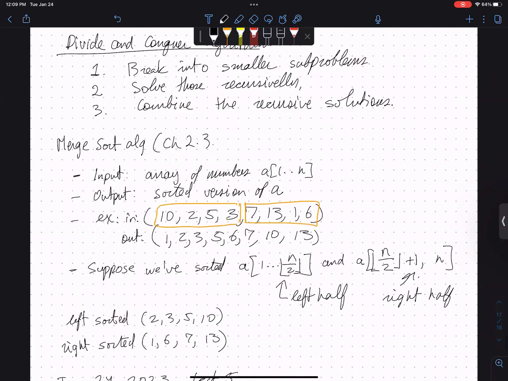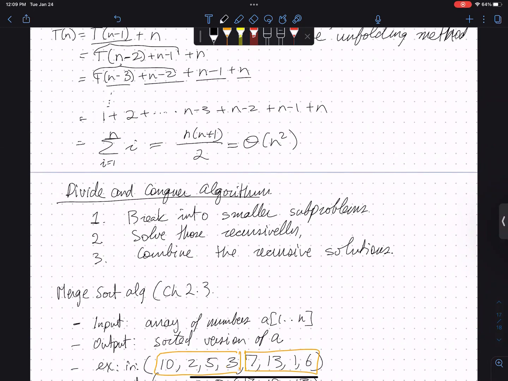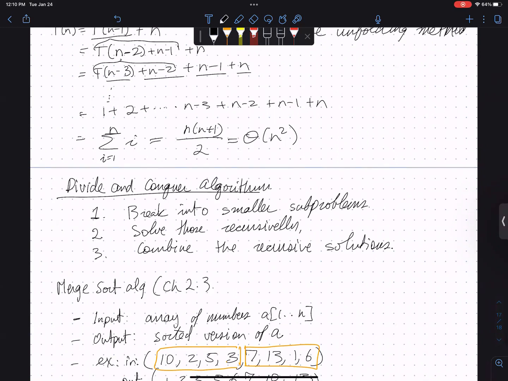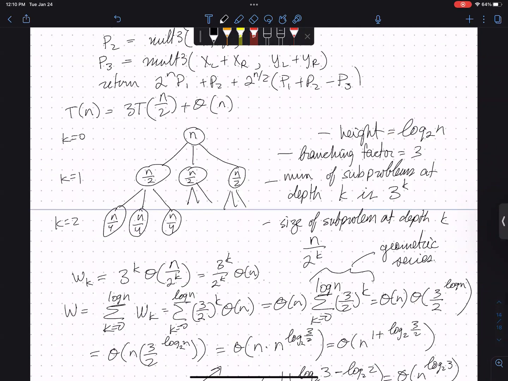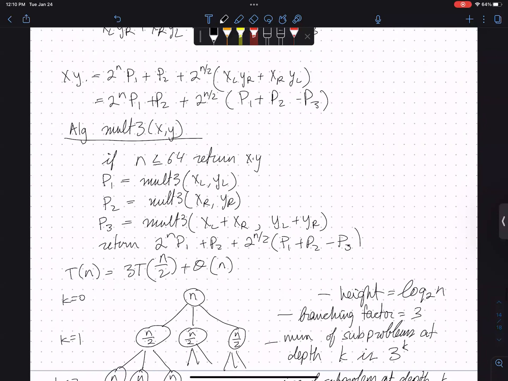Remember, the idea of a divide and conquer algorithm was to first break your problem into smaller subproblems, then solve those problems recursively, and then combine or conquer those recursive answers into an answer to the final problem. The first example we saw was this multiplication algorithm here.